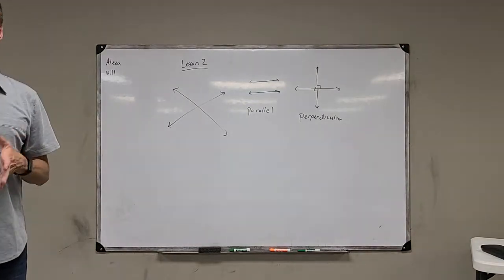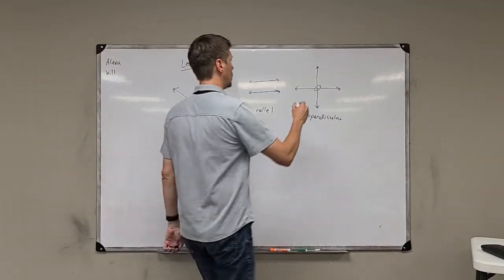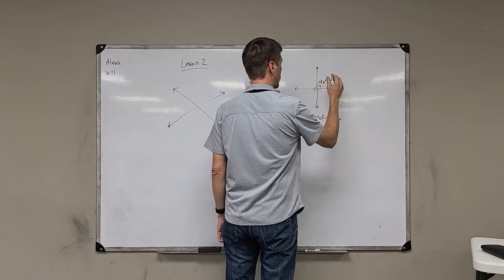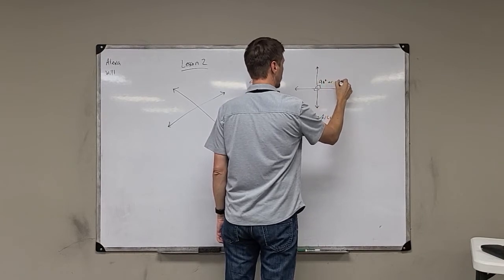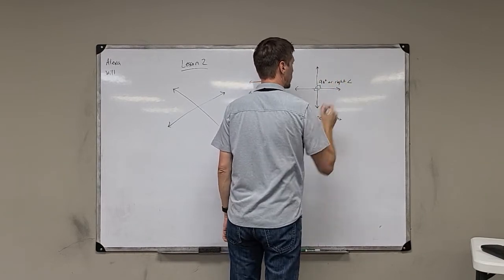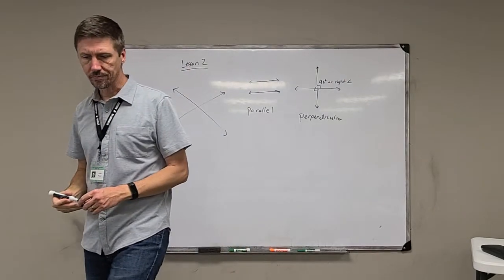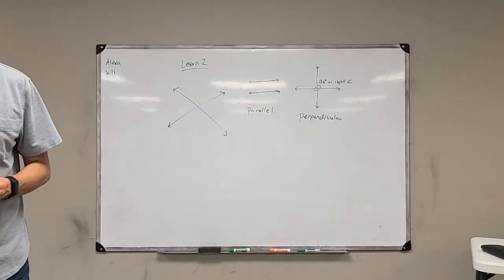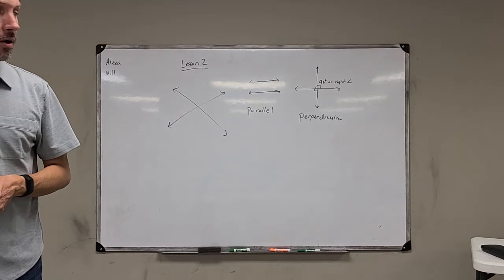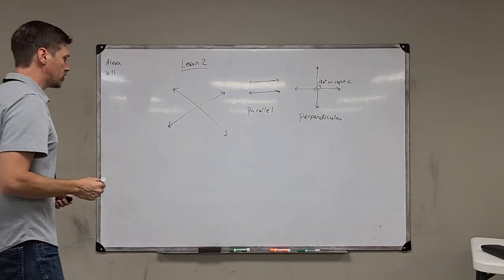What's another name for a 90-degree angle? Yeah, 90-degree or right angle, right? That's my little shorthand for right angle. If you see that, that's what I mean by that. We do have something called a straight angle.